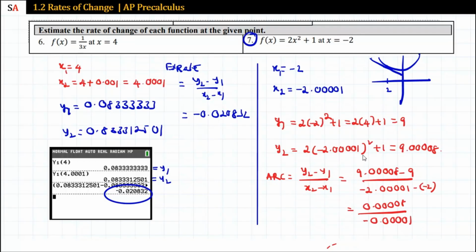Okay. So using the calculator, we have the same decimal, right? So this is equal to negative 8. So the approximated rate of change is negative 8. Actually this is the exact rate of change, because we are using a very small interval, that's why we get the exact rate of change.